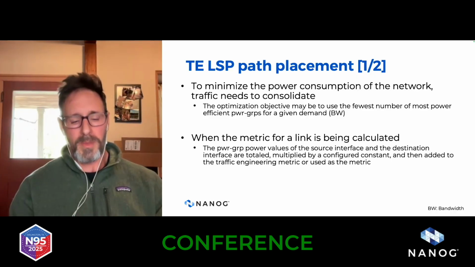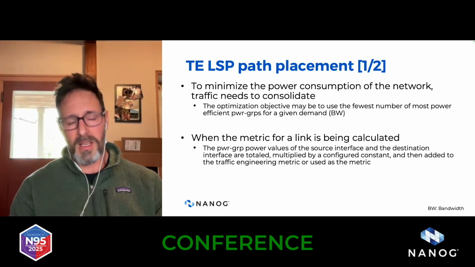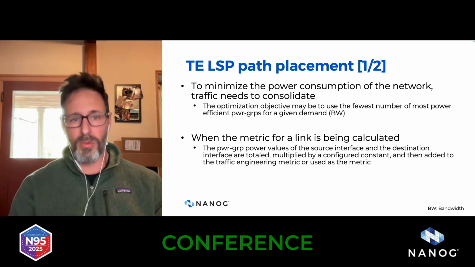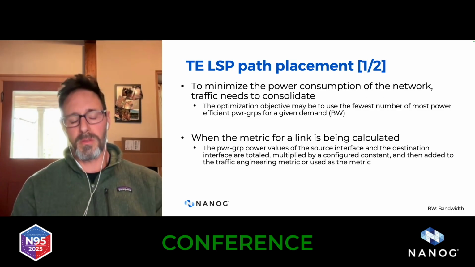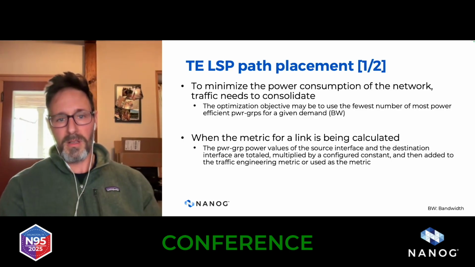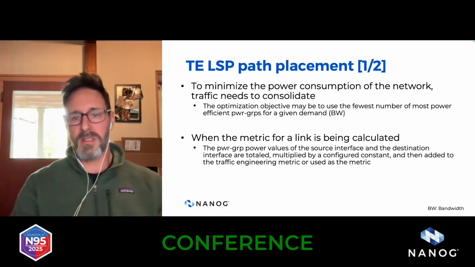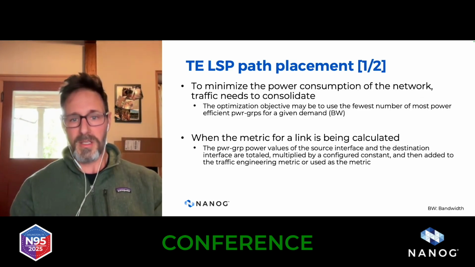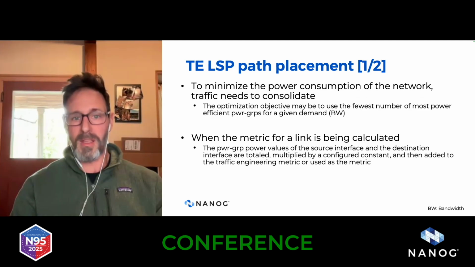The power value that is advertised along with the power group is used to derive a metric. And when we derive these metrics, we're going to take the values from the source interface and the destination interface and normalize them and use them symmetrically.